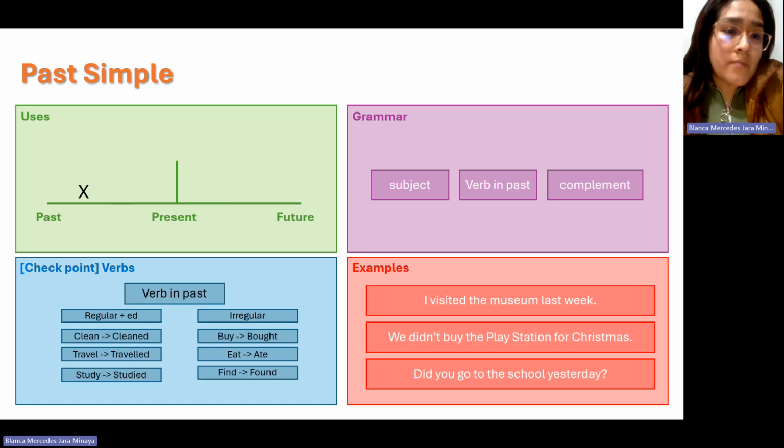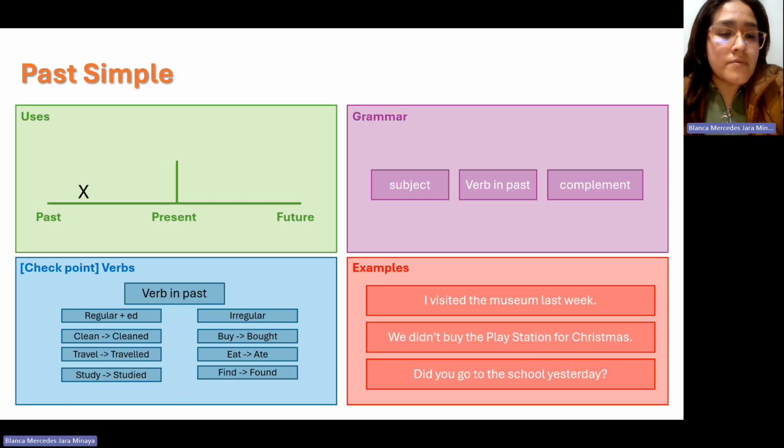We use the past simple to talk about complete actions in the past. What about the grammar? The grammar is composed of the subject, verb in past, and complement. I include a checkpoint about the verb in the past for this part, because we have to remember that verbs in past can be regular or irregular.